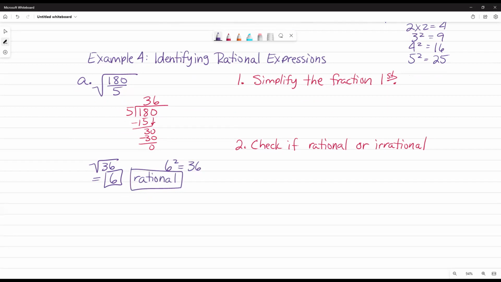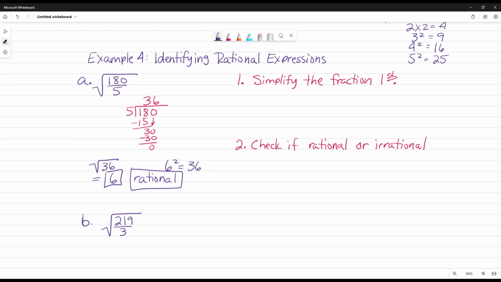All right, let's look at another example. Let's do B. So the square root of 219 over 3. All right, so how do we know if 3 goes into 219, without doing the division?